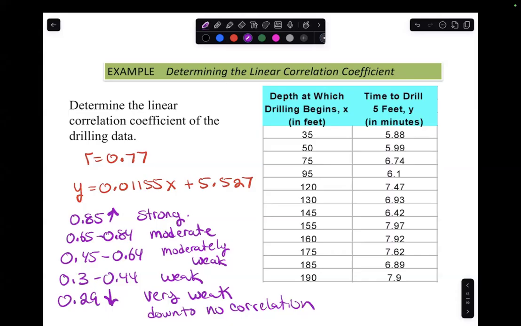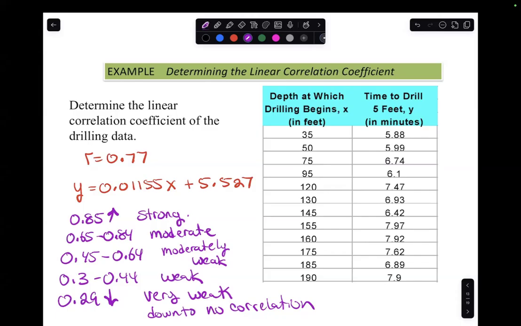But if you had 0.15 and told me that was moderately strong, I would mark you down for it. But if you said that 0.75 is moderately strong, I'm not going to get mad at you.